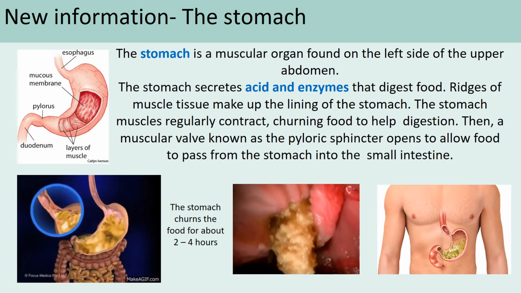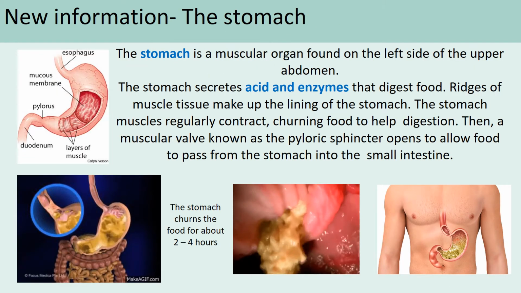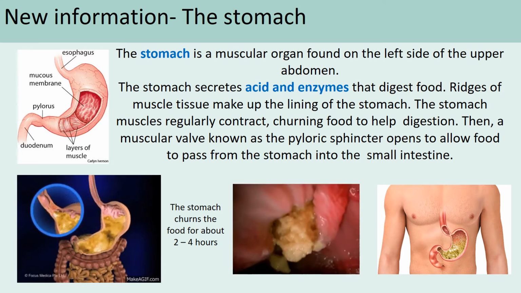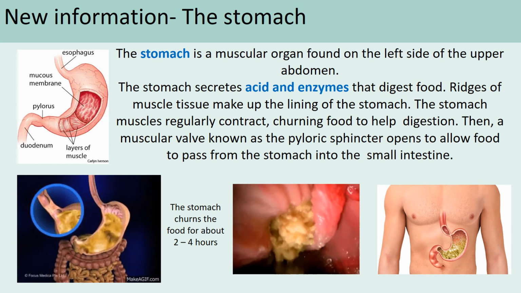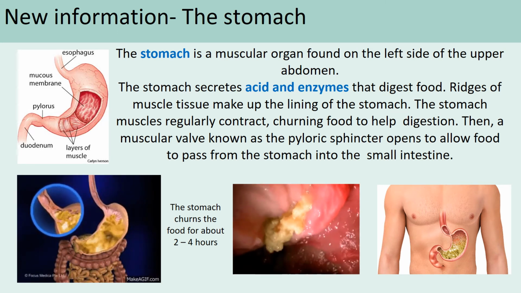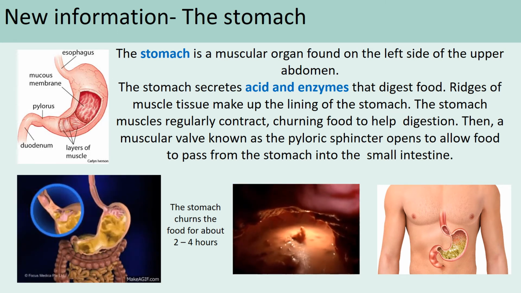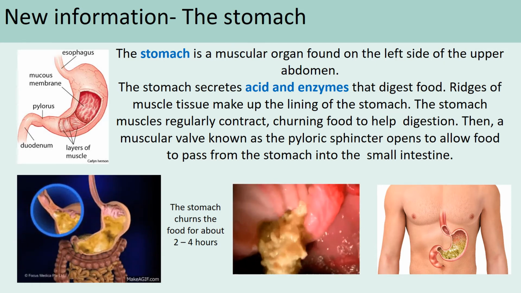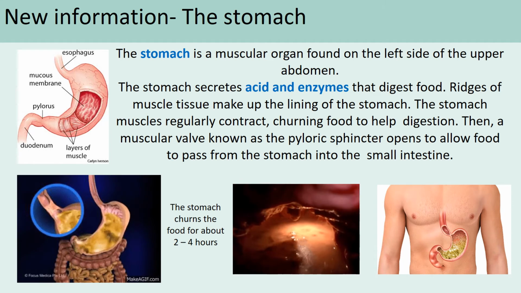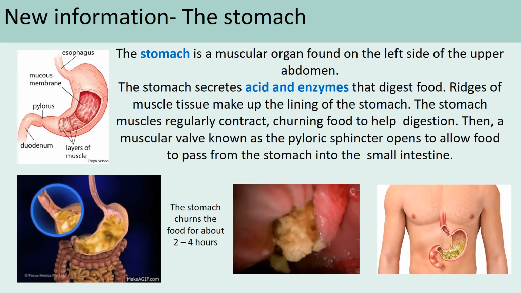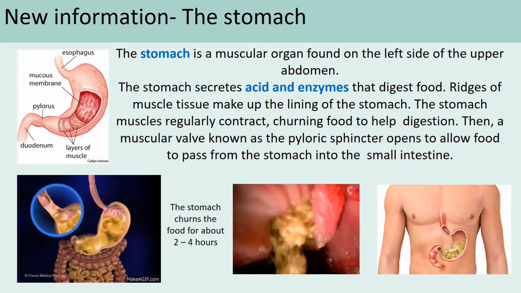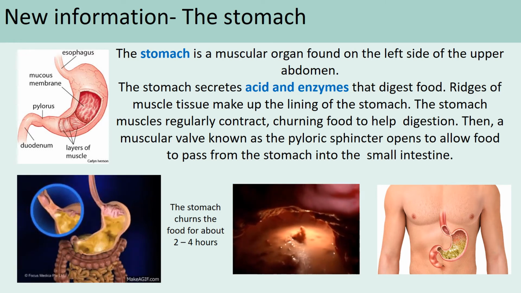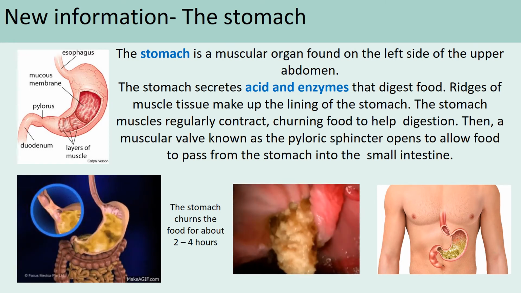Okay, next up, we've obviously got the stomach, and the stomach plays a very important role in digestion, as do all of the organs. But the stomach is a muscular organ found on the left side of the upper abdomen. Now, we looked at this in a little bit more detail in the last lesson because we were specifically looking at the stomach for the organs. And I'm sure you remember that it's got lots of different layers. You've got the muscle which helps churning up the food.